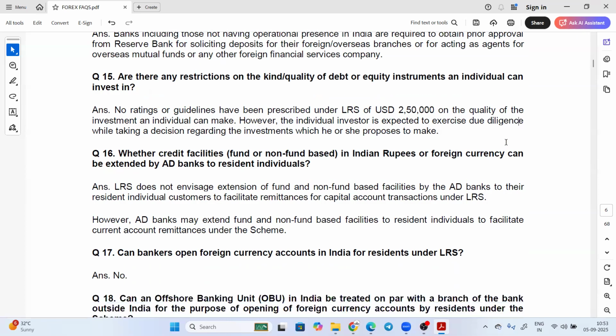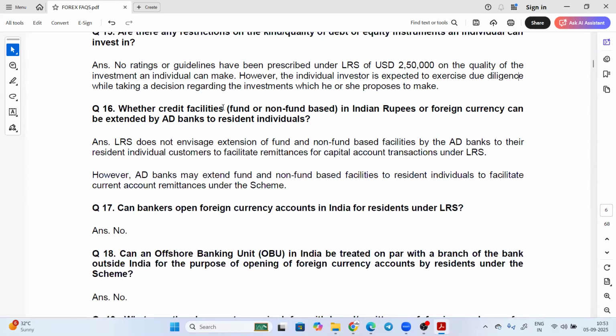Whether credit facility in Indian rupee or foreign currency can be extended by an AD to a resident individual? LRS does not envisage extension of fund. Okay, so always remember, whenever we are sending money abroad, that money should not be of a loan amount, except an educational loan.